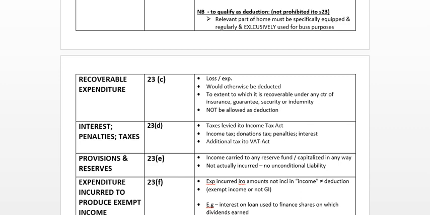So it's what it says. If you had a loss, for example, if your house burned down or whatever, and you can claim back that money from an insurance company, then no, it's not an allowable deduction, it's a prohibited deduction.